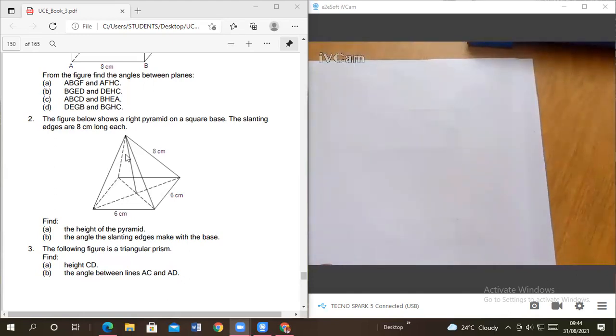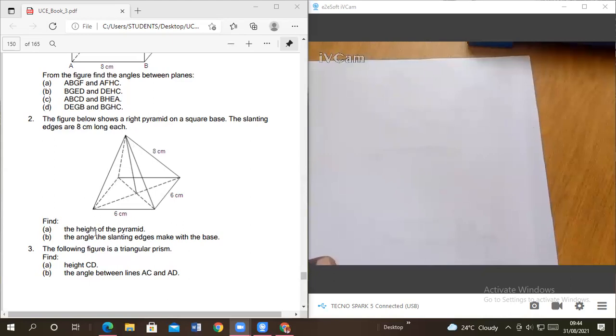They're saying that the figure below is a right pyramid on a square base. The slanting edges are 8 centimeters each.